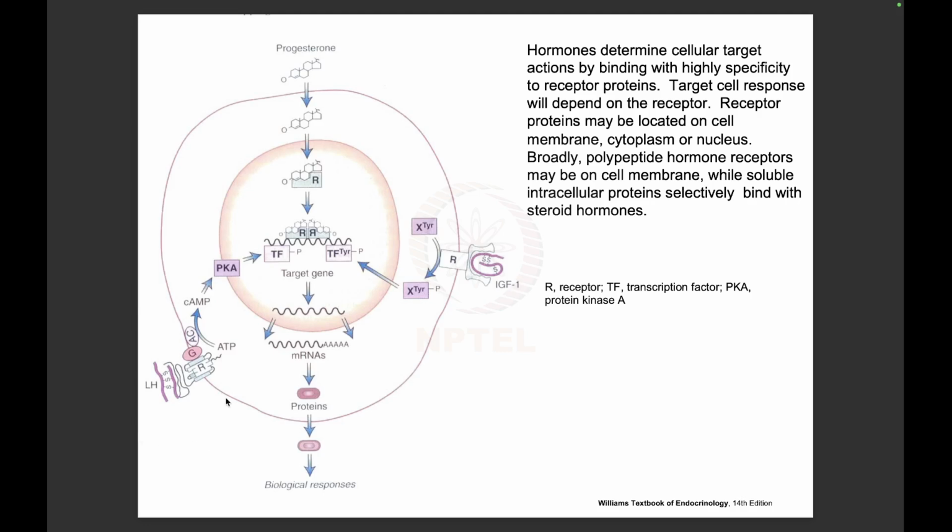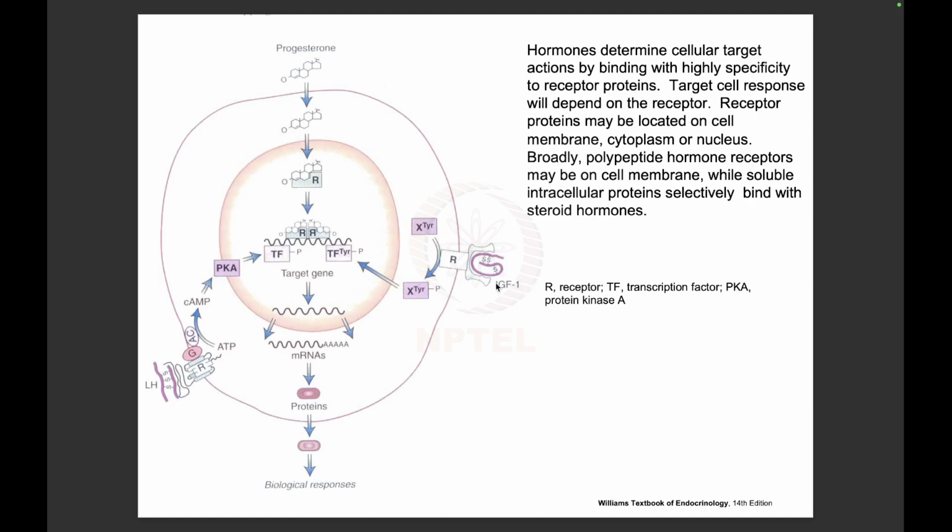Okay, certain hormones, like polypeptide hormones, have receptors. So here you can see this is a G protein coupled receptor, which produces cyclic AMP, which is a secondary messenger, and then several kinases activate the transcription factor and allow the synthesis of the target genes and the proteins that will result from that, and that will cause the biological response.